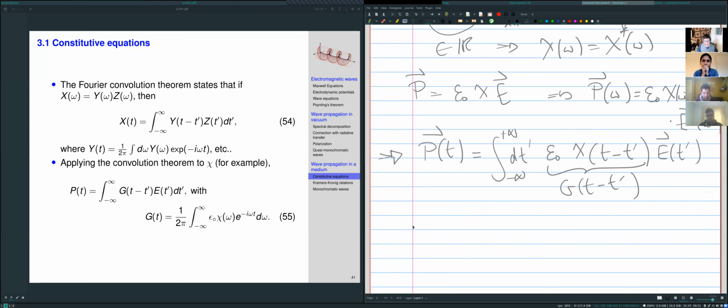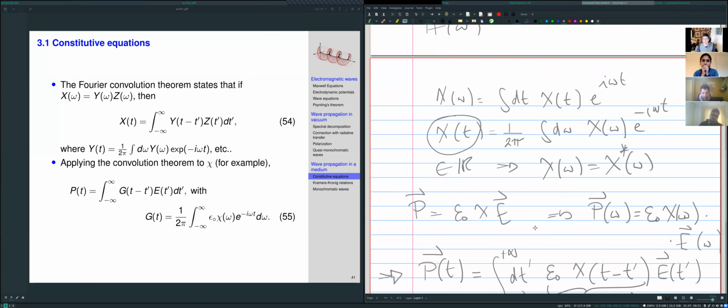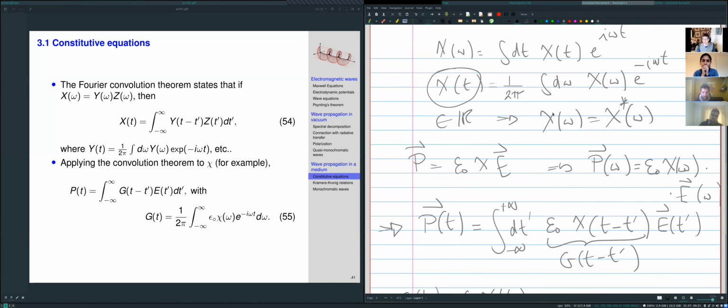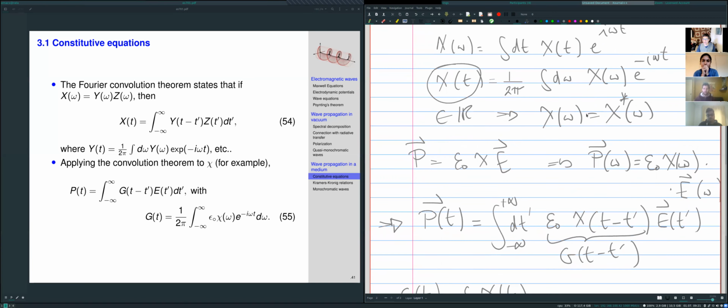And then we can also write this G of t minus t prime as, this is G of t, then G of t is epsilon 0 chi of t, and we have just seen that this one is related to the spectrum of chi.